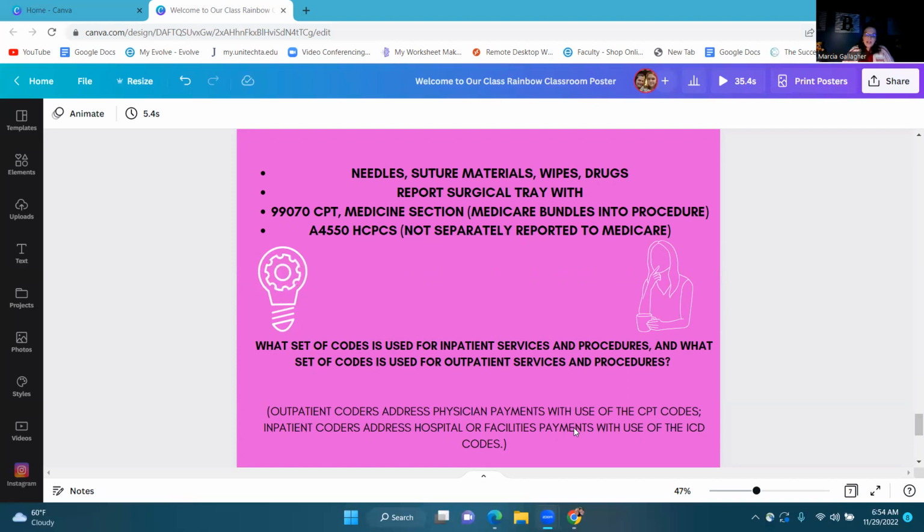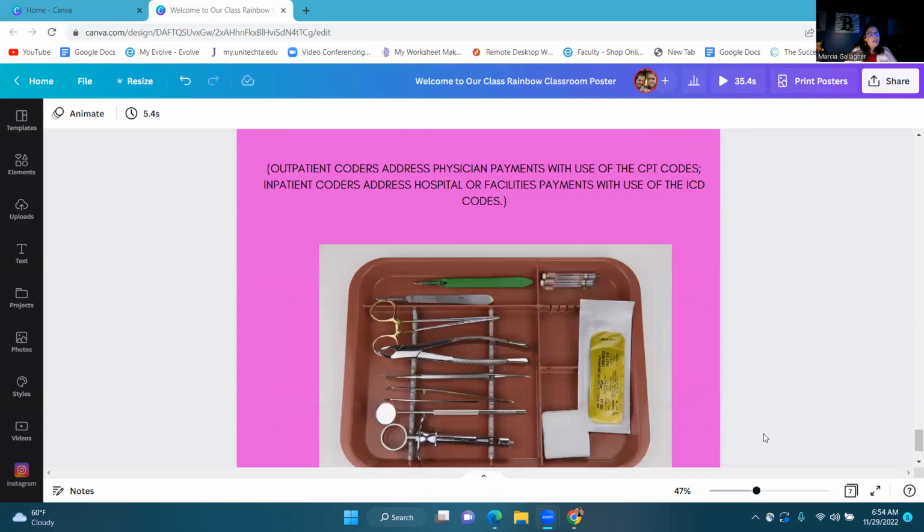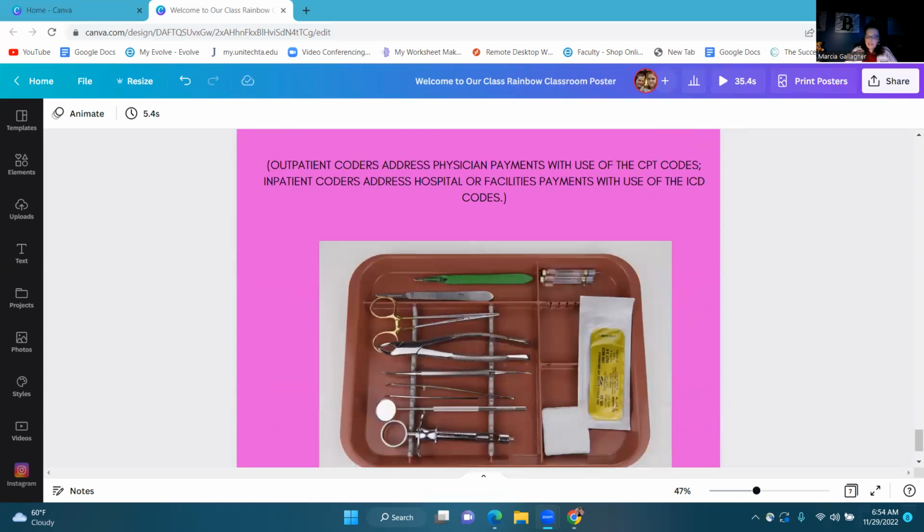Now, in the outpatient setting, you go in, you have your procedure, and you're discharged. You're using your CPT code to get paid the most money. I hope that makes sense. It's going to make sense when you get on the job, because you'll be dealing with claims every day, and you're going to understand the difference in the pay scales.